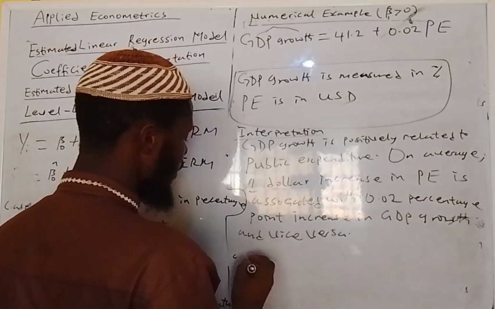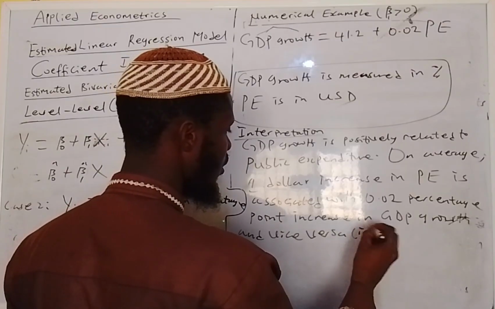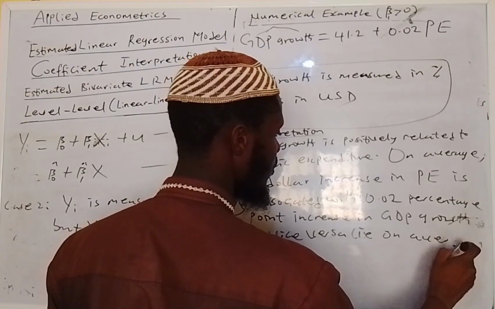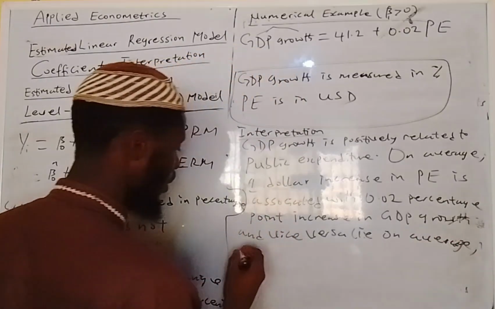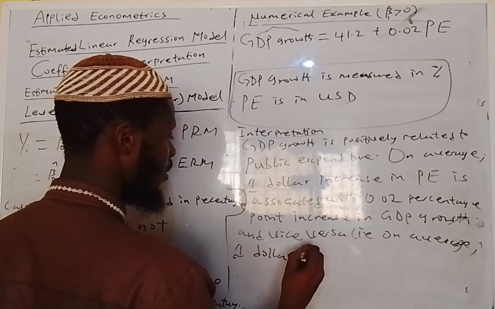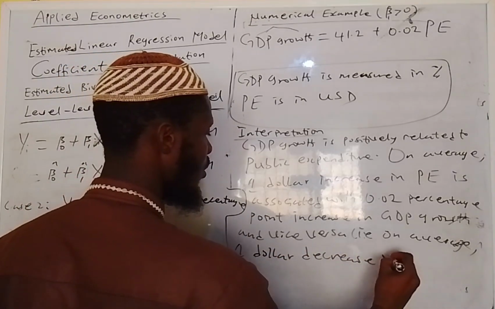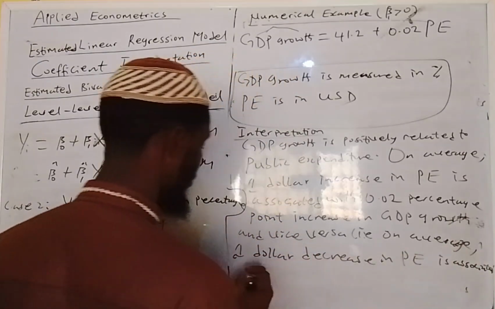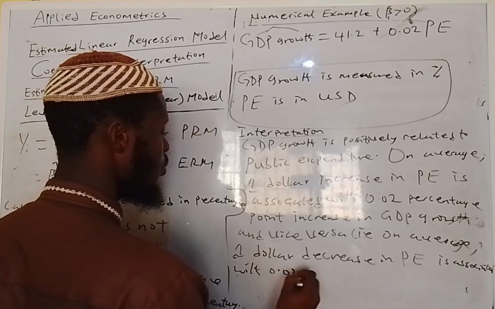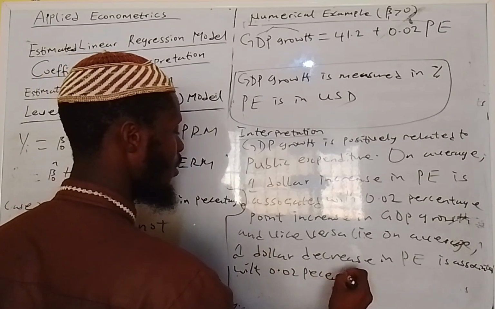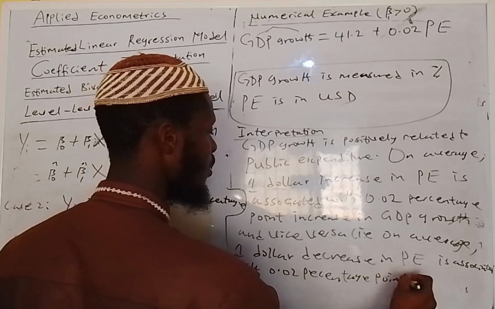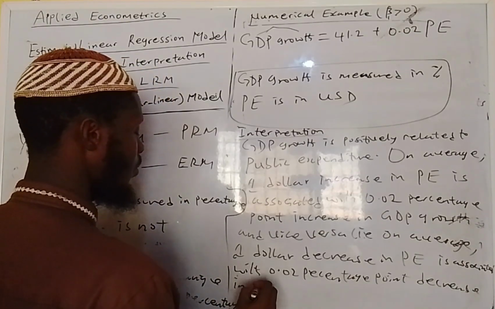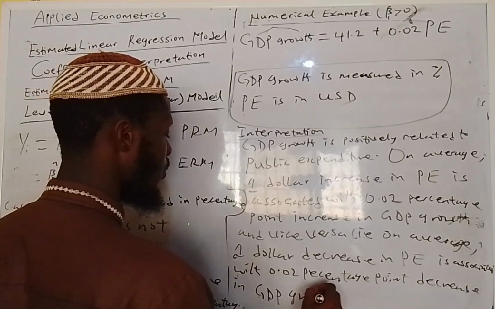So vice versa here implies that also on average, a $1 decrease in public expenditure is associated with 0.02 percentage point decrease in GDP growth.